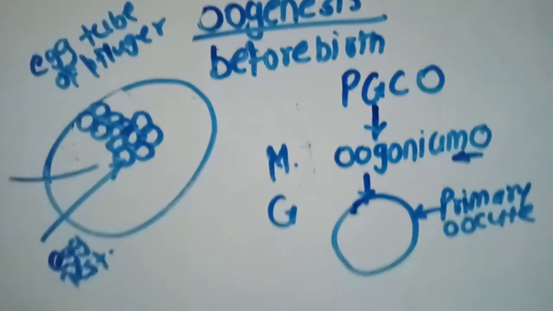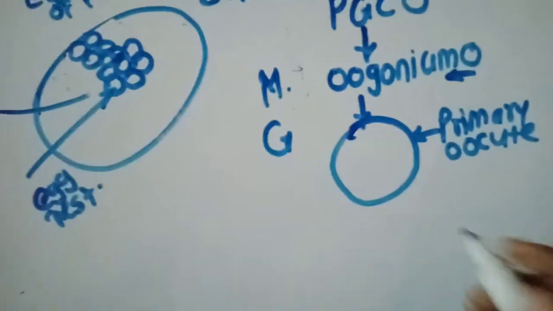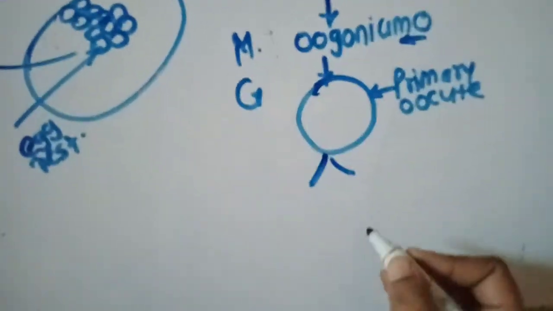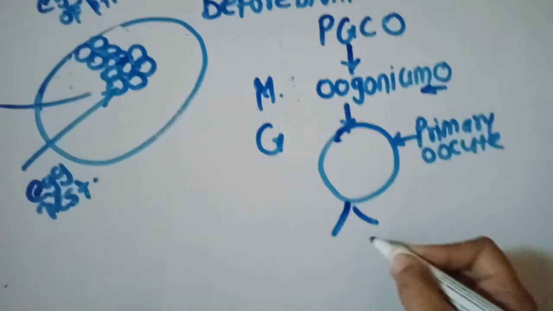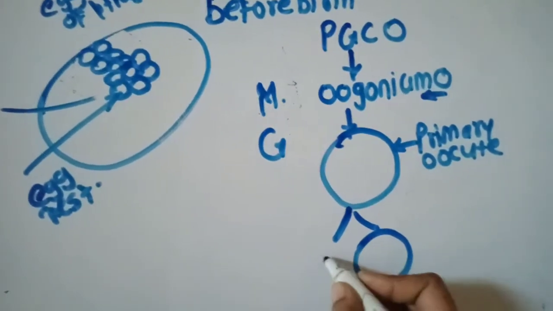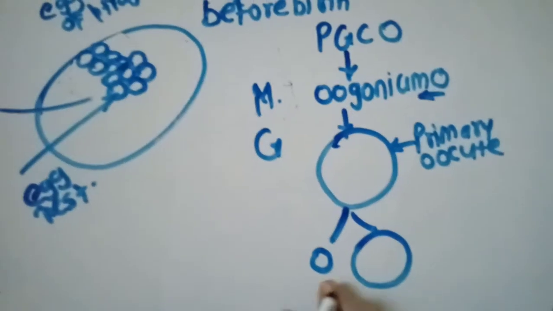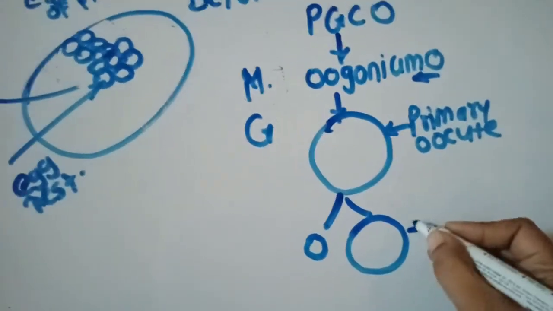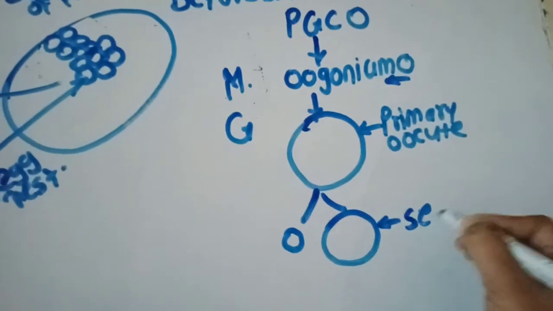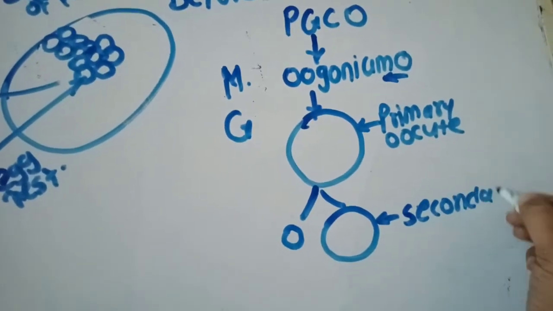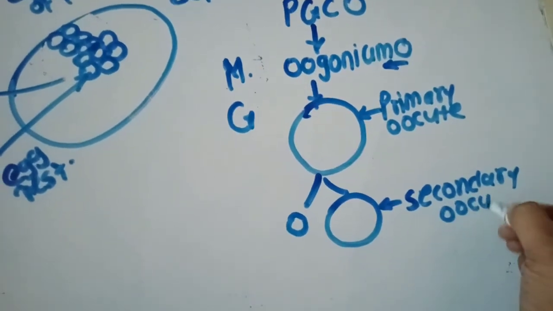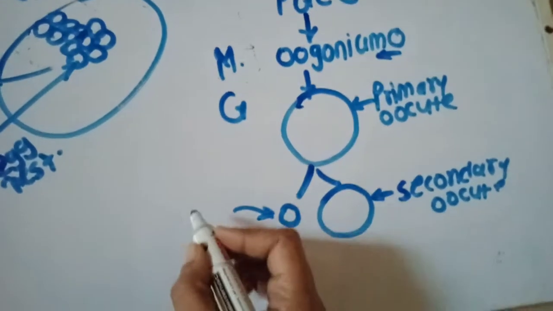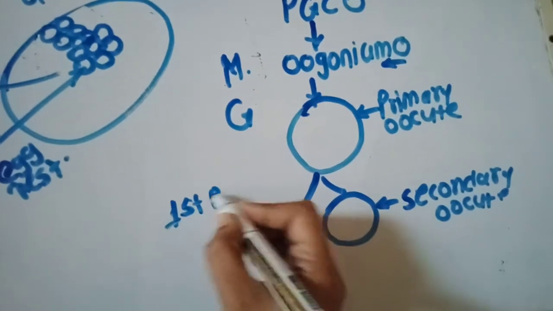Then it undergoes meiosis 1. When it undergoes meiosis 1, there is an unequal distribution of cytoplasm, meaning one cell is very big and the other cell is very small. The big one I call the secondary oocyte, and the small one is called the first polar body.